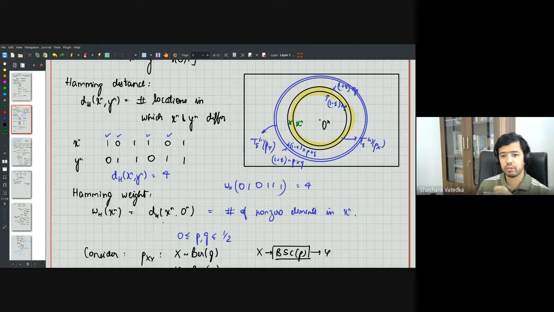I guess your intuition as to why you said something like n times p star q minus n times q is not really correct, because the Hamming distance between xn and yn is not equal to the difference between the Hamming weights of xn and yn.